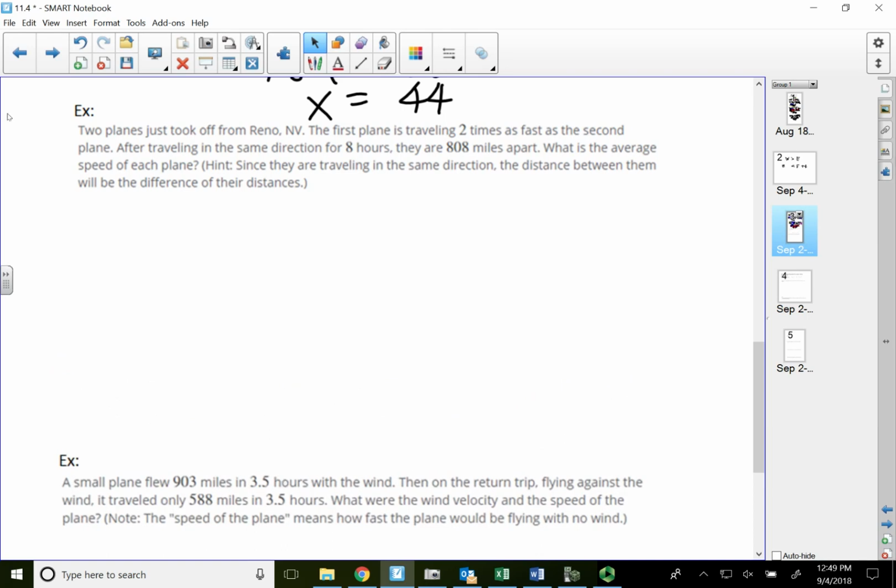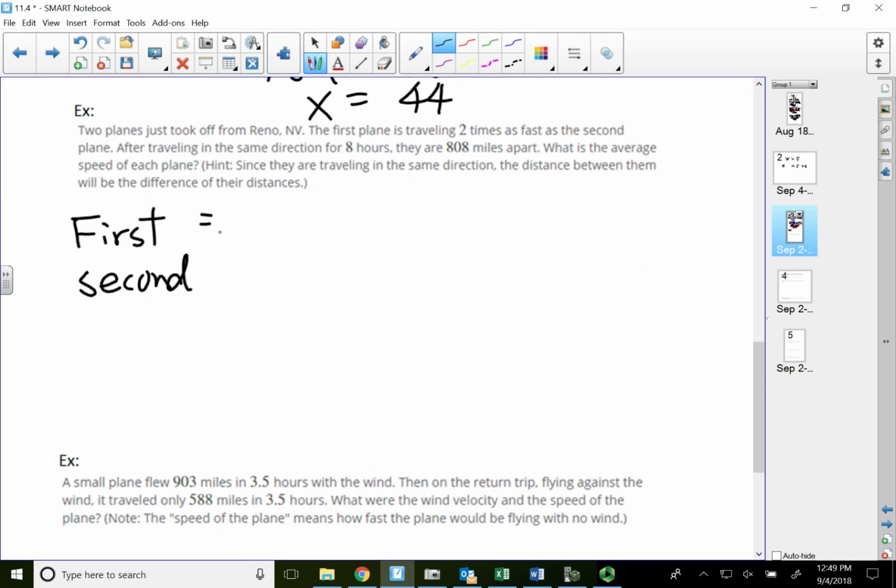All right, let's take a look at this one. Two planes just took off from Reno. The first plane traveled 2 times as fast as the second plane. So I have 2 planes, the first plane and the second plane. After traveling the same direction for 8 hours, so this is the same type of problem as the previous one, they are 808 miles apart.